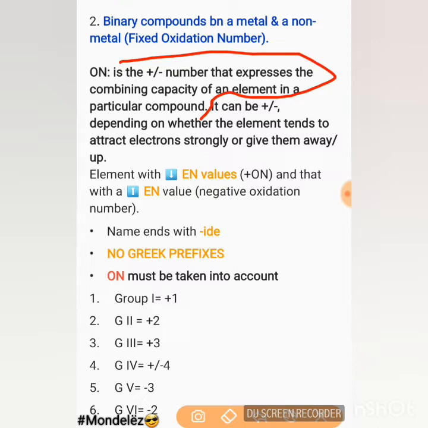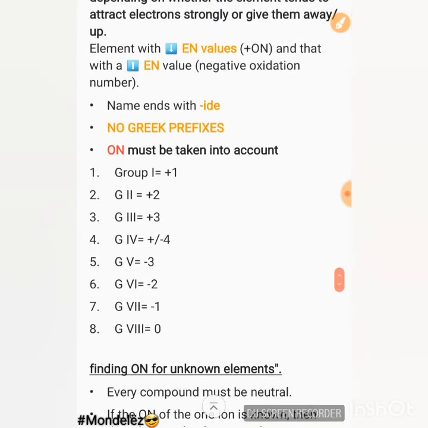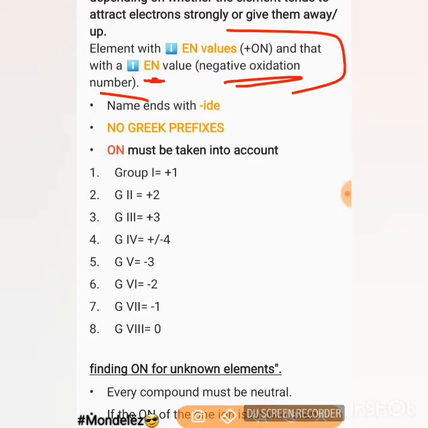That is so important. It can be positive or negative depending on whether the element tends to attract electrons strongly or give them up. An element with a low electronegativity value has a more positive oxidation number, and one with a high electronegativity will have a negative oxidation number. Do keep that in mind.